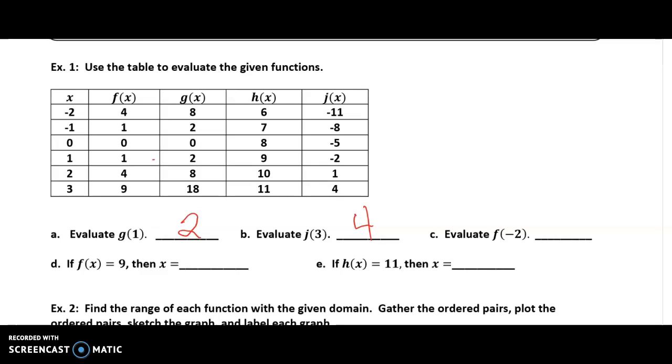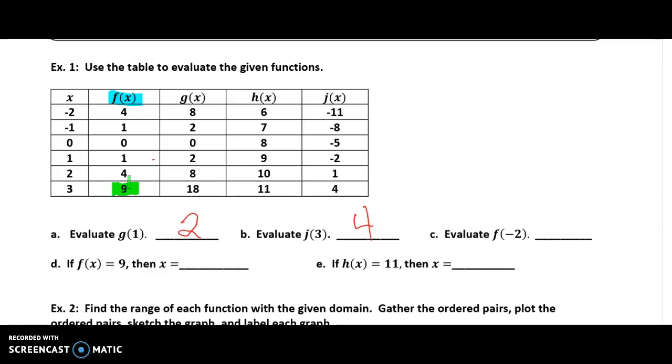So for this one, we're going to start off by looking at the f of x function, down this column. Here we're given that f of x equals 9. So now we're going to look for 9 going down this f of x column. f of x equals 9 is right here.